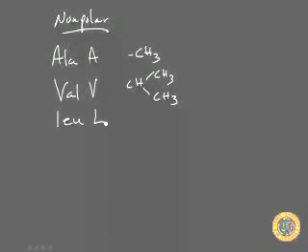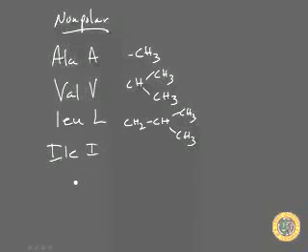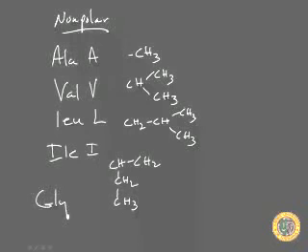Alanine, of course, the symbol single letter A, valine, single letter code is V. Leucine, L, and isoleucine, I. Glycine is also considered in this category, although it's not absolutely nonpolar, but it has the smallest side chain in that it's hydrogen, only hydrogen. So these aliphatic hydrocarbon side chains are nonpolar.